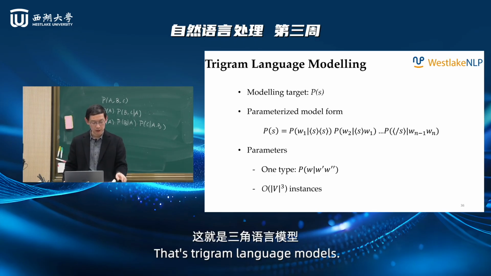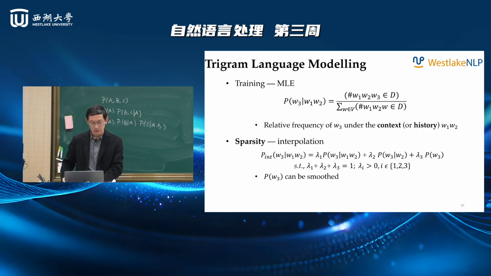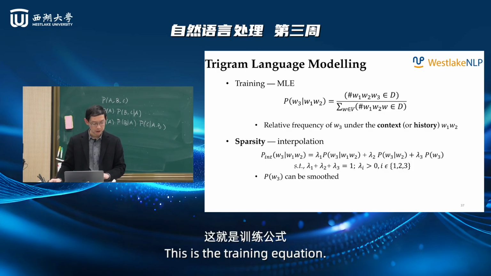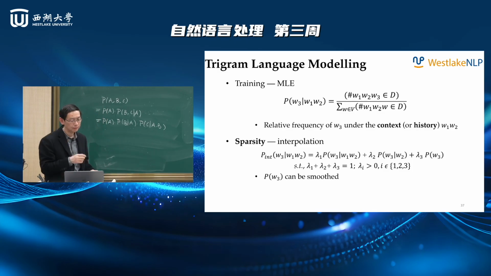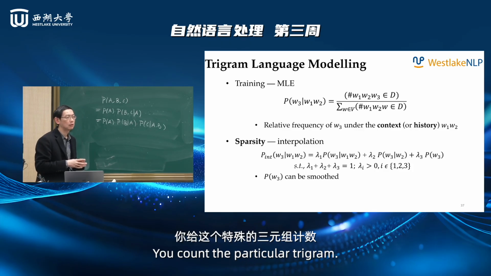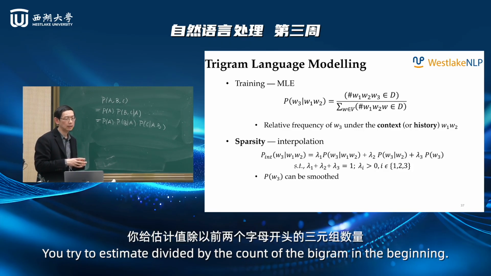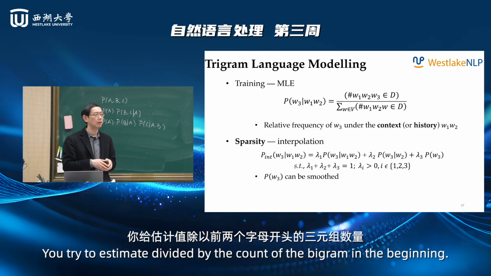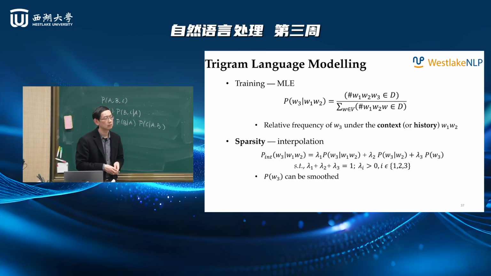So that's trigram language models. This is the training equation: you count the particular trigram you try to estimate, divided by the count of the bigram in the beginning.